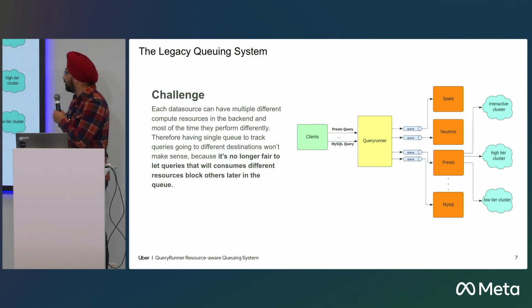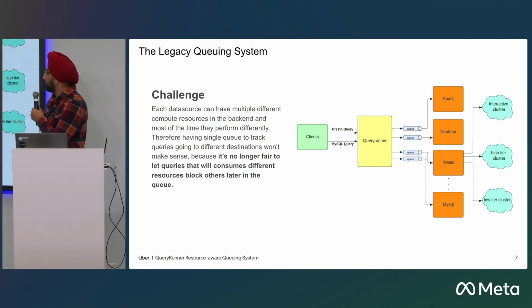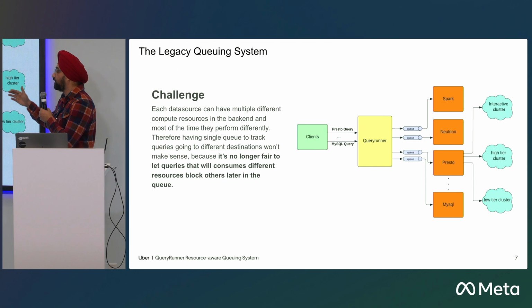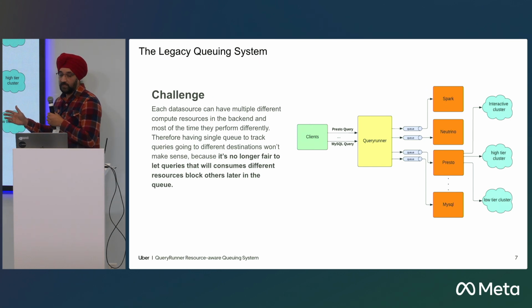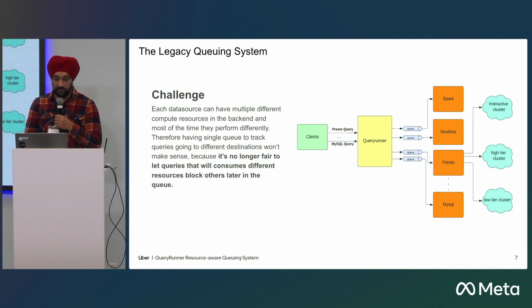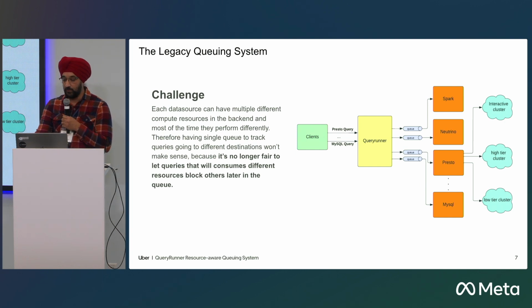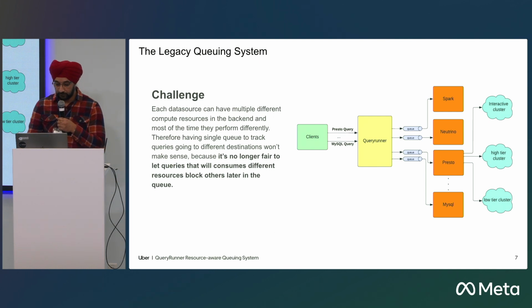When you have different resources fronted by the same queue, it becomes inefficient, because one query sitting at the head of the queue, which wants to go to one group of clusters, can end up blocking other queries behind it, even though those queries might want to go to different clusters.